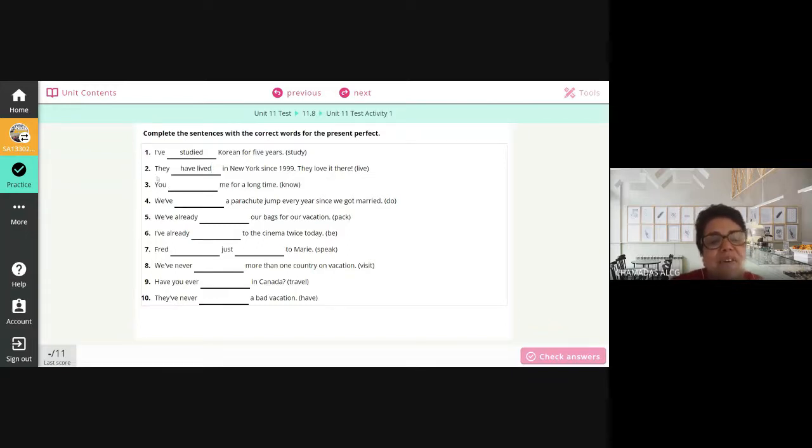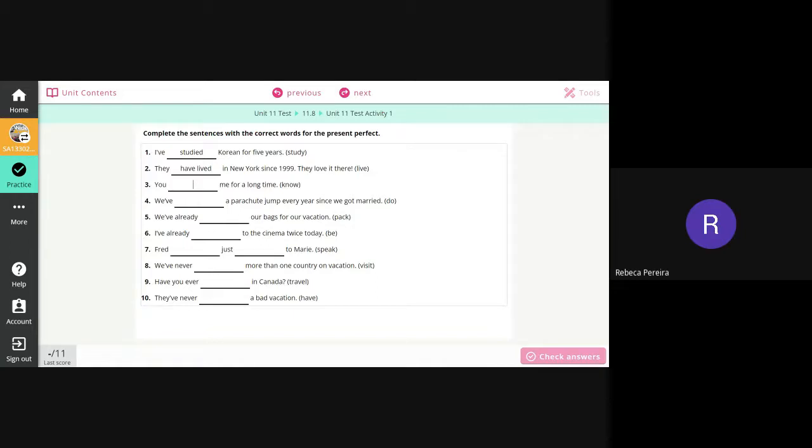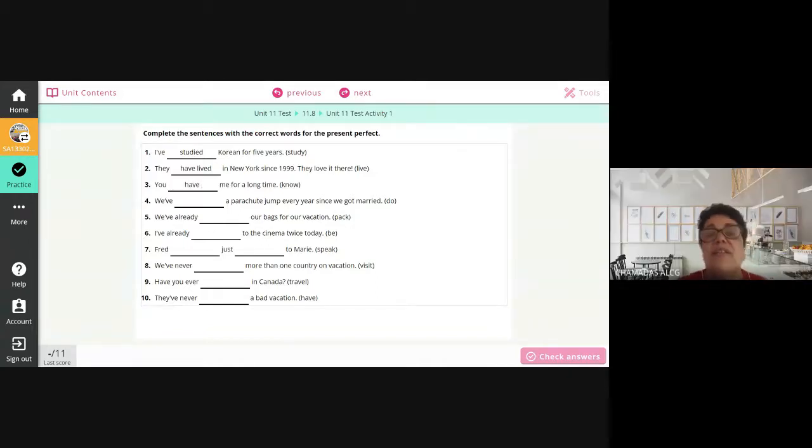Okay. Now, number 3, you, me, for a long time. So here, there is no auxiliary, so I have to include it. Which auxiliary should I use? Have or has? Have. Okay, great. You have, of course. Now, the second element is the main verb.